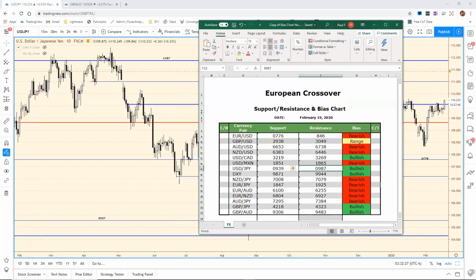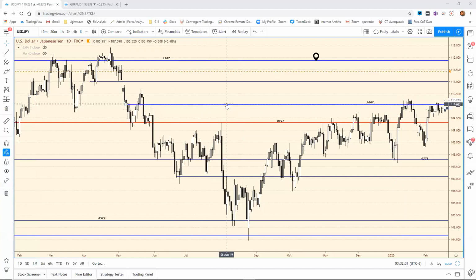If we get that close, I guess intraday before we get there, let's see if there's something we can hang our hat on, which should be this low right there, which would be 1025. So let's go with 1025.